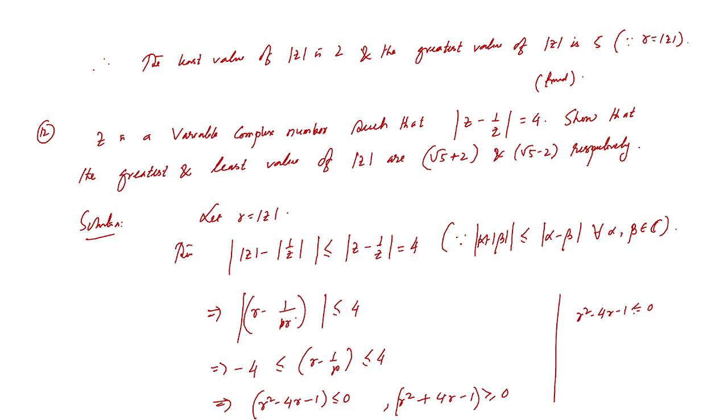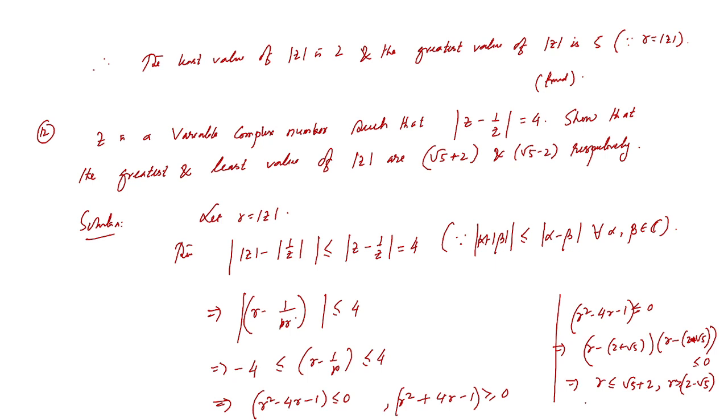This is less than or equal to 0, that exactly means r minus 2 plus root 5 multiplied by r minus 2 minus root 5 is less than or equal to 0, and from this you can write r less than or equal to root 5 plus 2 and r greater than or equal to 2 minus root 5.